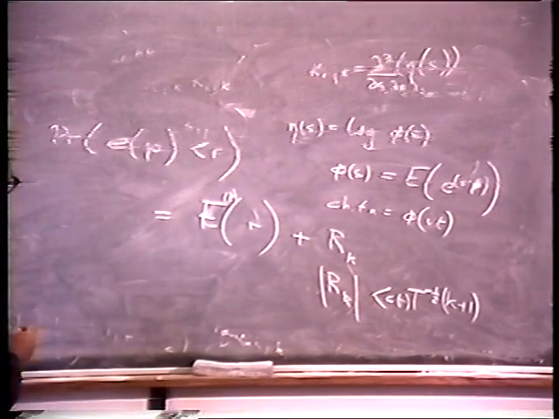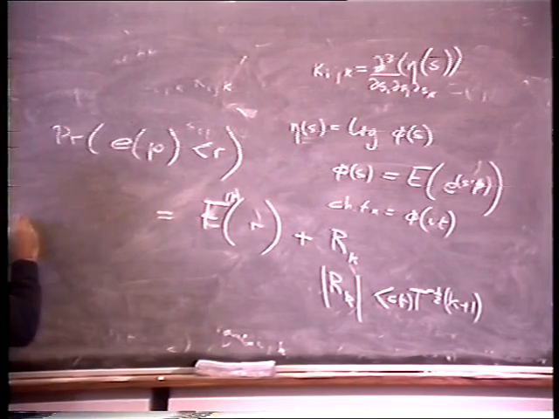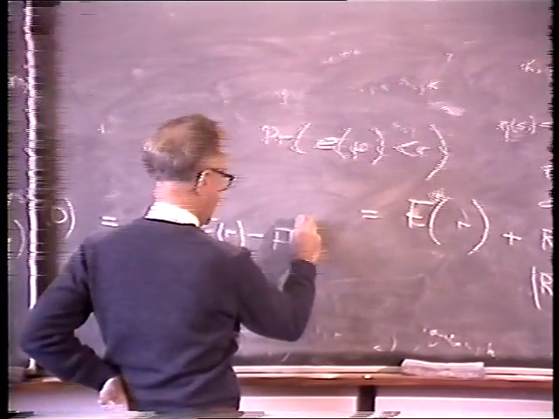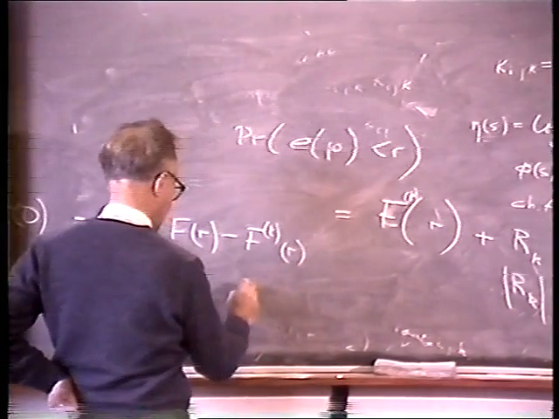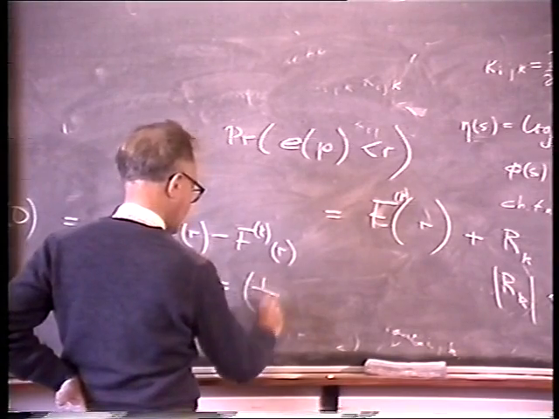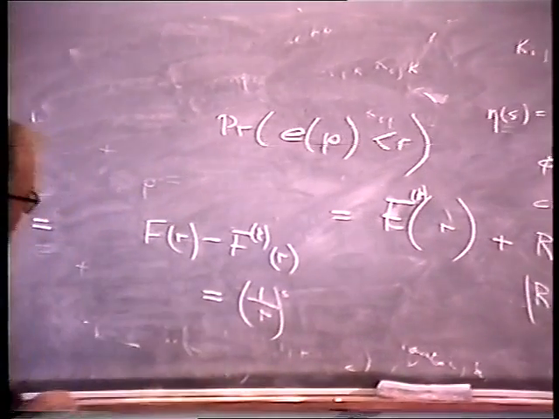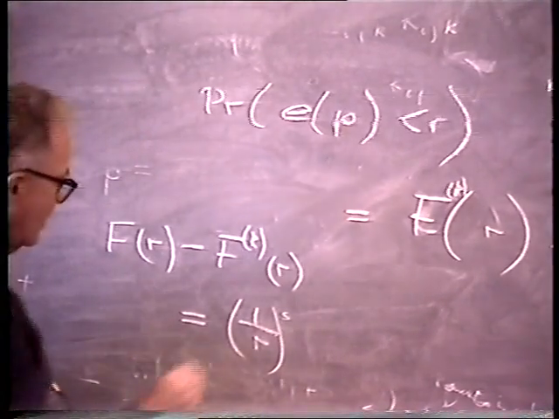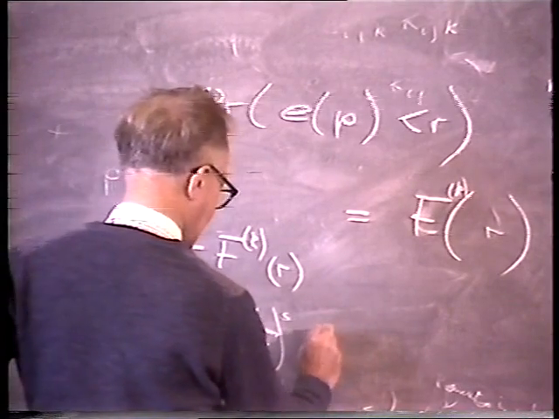But you see, what will very often happen is that if you take the difference between the true F of r and the approximation Fk, you will find something like the following, that it behaves like, say, 1 upon r to some power little s. That determines what order of moment exists.